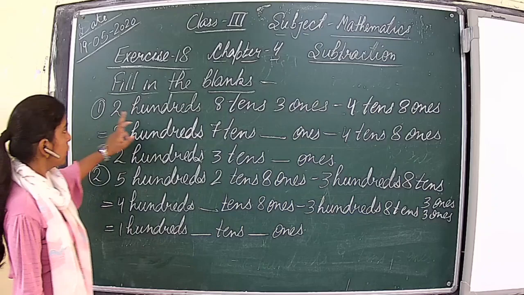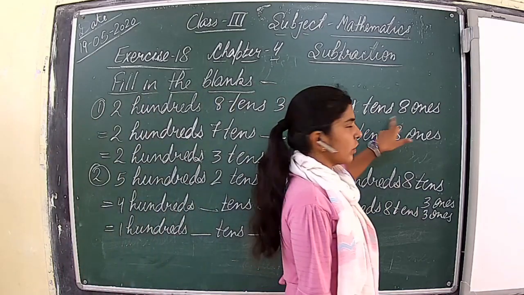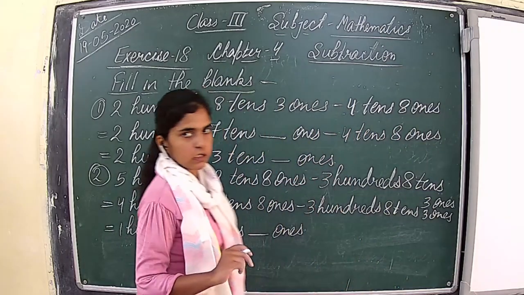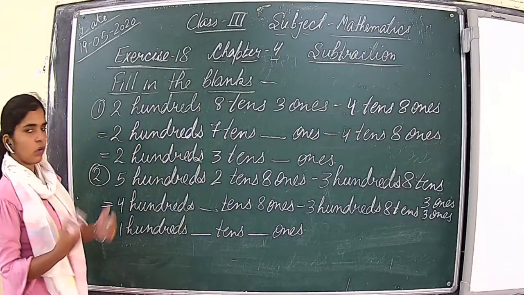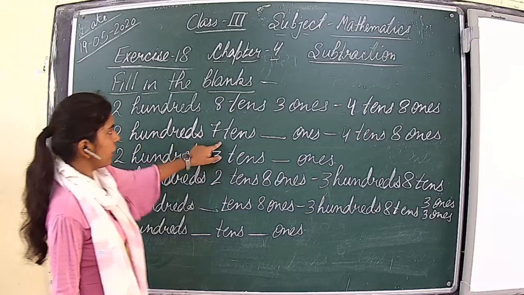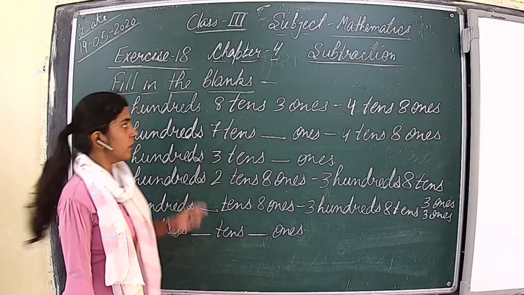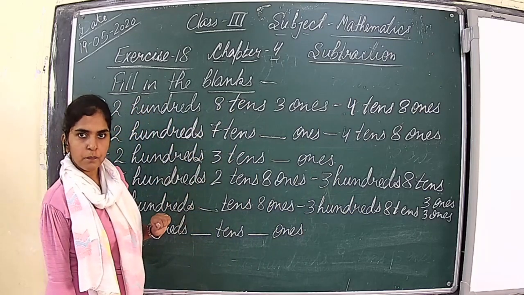Question number 1: 200, 8 tens, 3 ones minus 4 tens, 8 ones. We need to subtract these numbers, so we will solve this question step by step. 200, 7 tens. Before there were 8 tens, now it becomes 7. It means it must give borrow to someone.